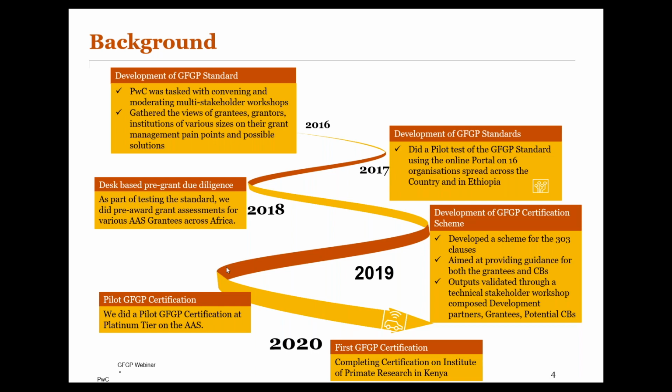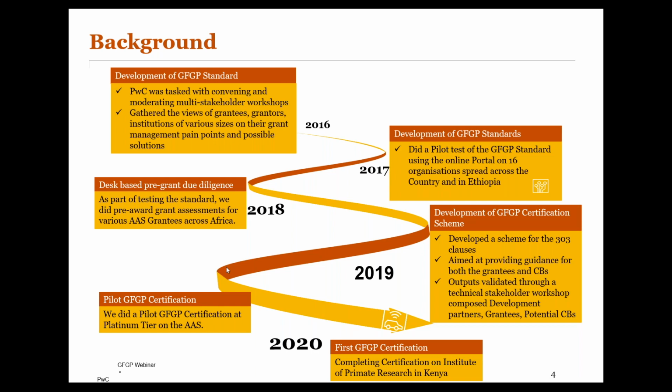So if you are a grantee, you are aware of the pre-award assessments that you have to go through, irrespective of the fact that maybe another development partner or grantor had visited your organization. At times you will find at any one time the organization is undergoing due diligence from various development partners simultaneously. And you cannot even use the results from one development partner's due diligence to satisfy the needs of another development partner.